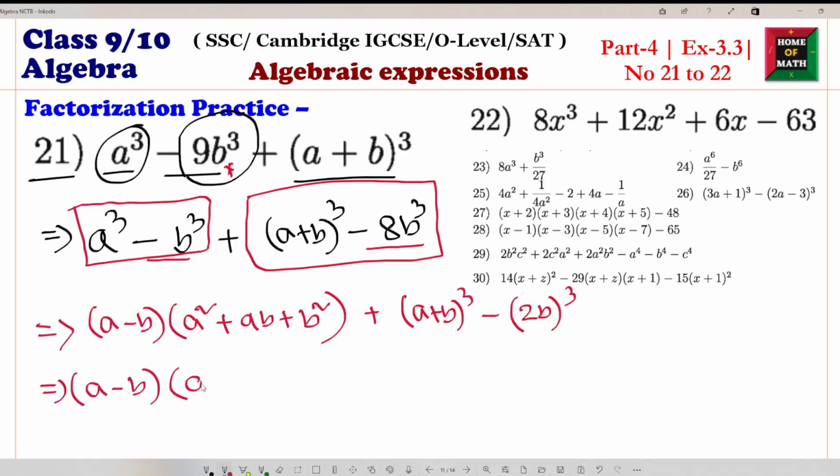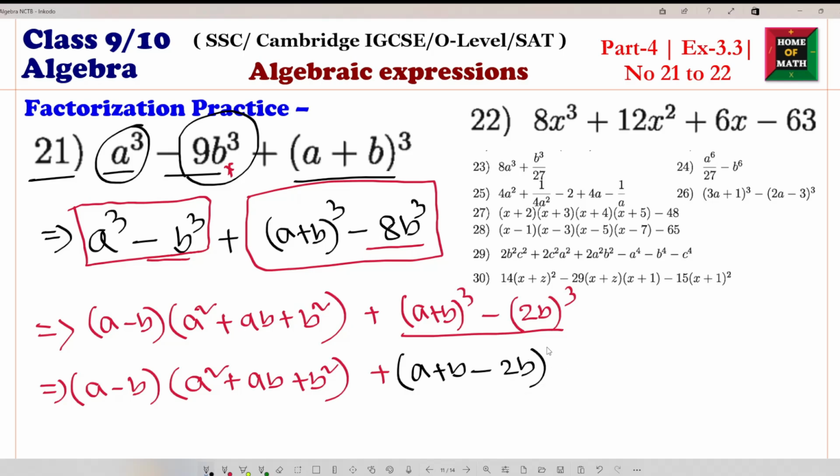(a minus b)(a square plus ab plus b square) plus, and this one we can do something like this. It looks like a cube minus b cube, so we can write (a plus b minus 2b), right? And this one, a square means (a plus b) whole square.